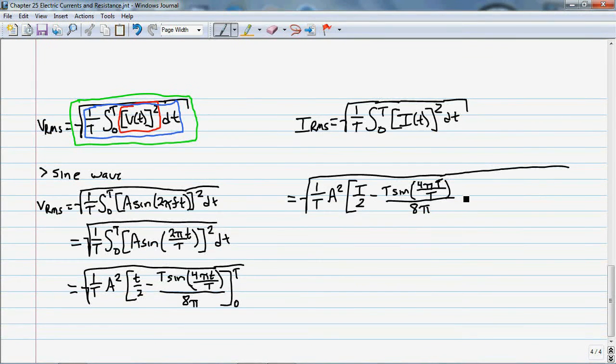And then minus a minus is going to be a plus T sine of 4 pi times 0 over big T, and that whole thing over 8 pi.